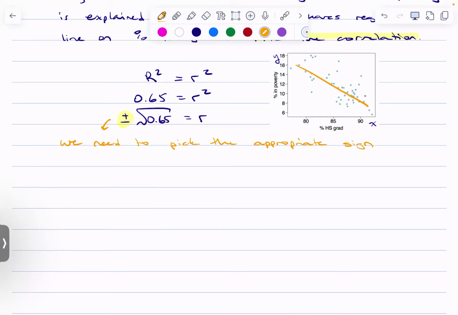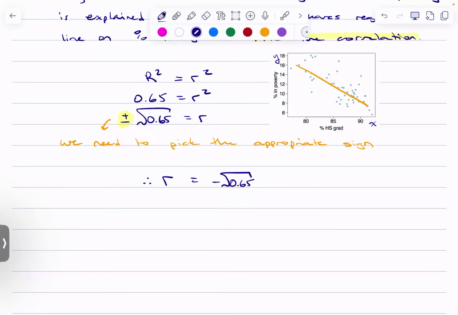And so that means that my correlation has to be negative, right? The correlation is the strength and direction of a linear relationship. And so then, therefore, r would be negative root 0.65, which is a number.